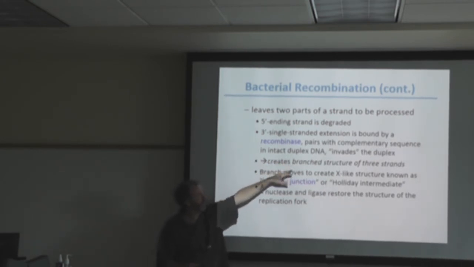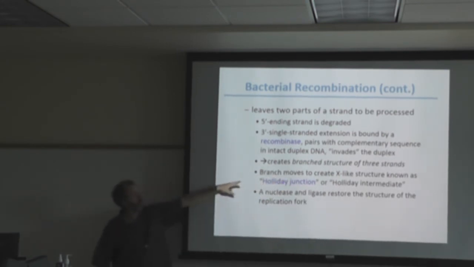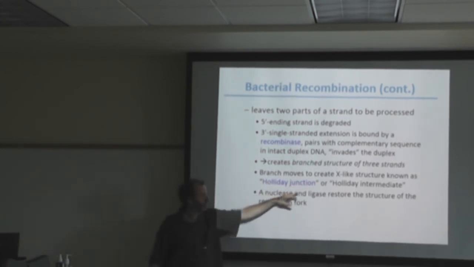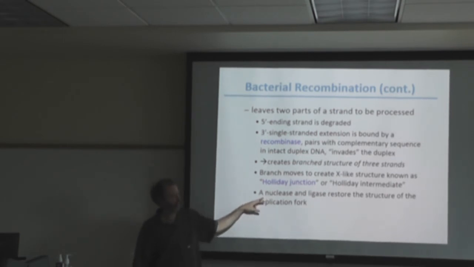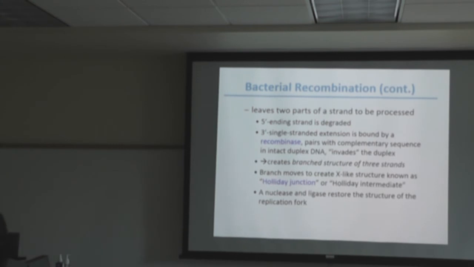Intact duplex DNA can be invaded, creating a branch structure of three strands. The branch moves to create an X-like structure known as the Holliday junction or Holliday intermediate. And a nuclease and ligase can restore the structure of the replication fork.